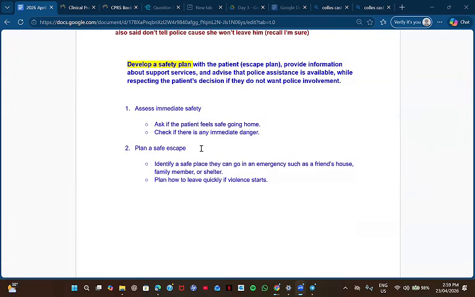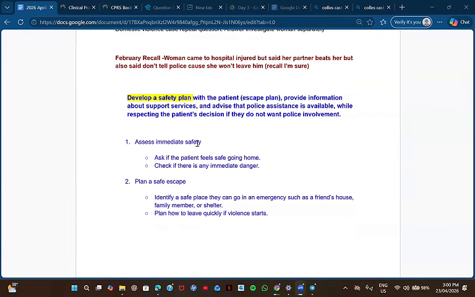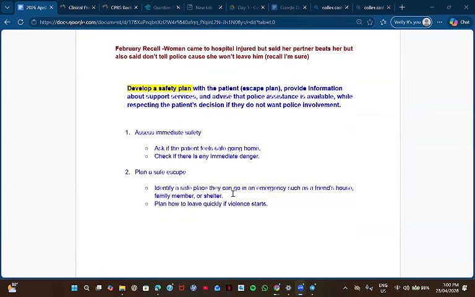So how should you manage this? Assess the immediate safety. Check if the patient feels safe going home and if there is any immediate danger, then you can arrange a safety plan or escape plan. So, a plan for safe escape: identify a safe place they can go in an emergency, such as a friend's house, a family member, or a shelter.